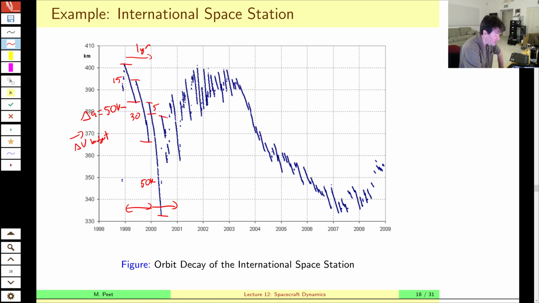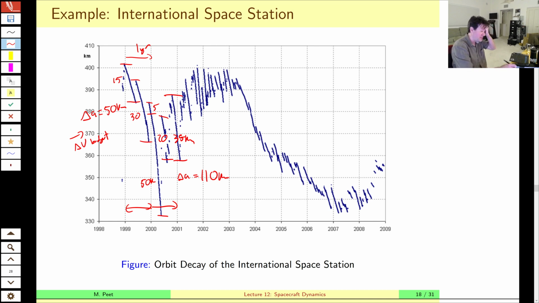And here's another decrease of 20, another decrease of 30, say 35, because there are some little mini decreases here. And so in this year, the delta A is 50 plus 35, 85, 90, is 110 kilometers.